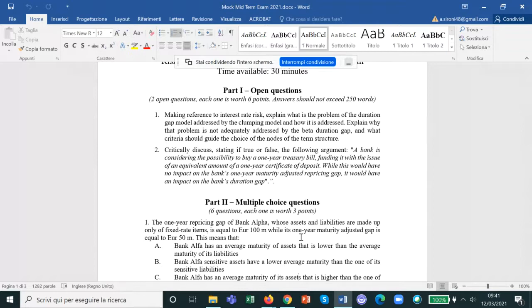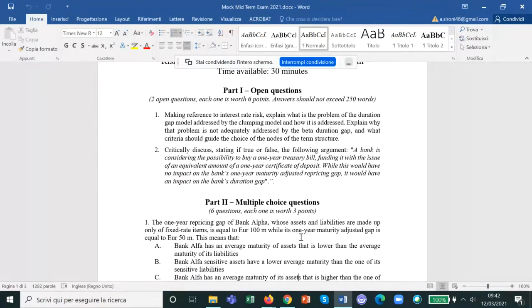As I mentioned, very important, the midterm exam will have a 25% weight on the total final grade. 25% will be given to the assignment, and 50% will be given to the second part of the exam. Or if you only do the final exam and do not take the midterm, it would be 25% the assignment, 75% the final exam.